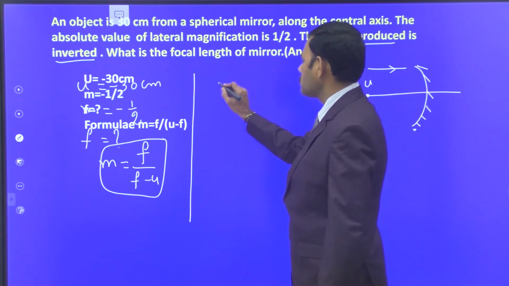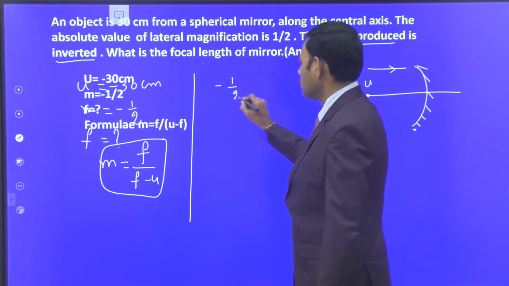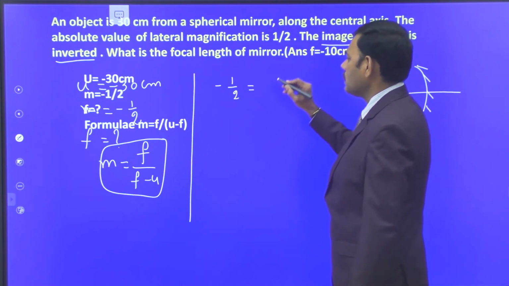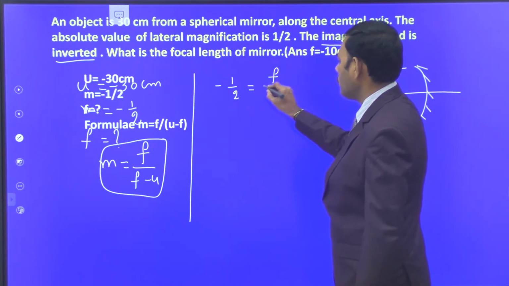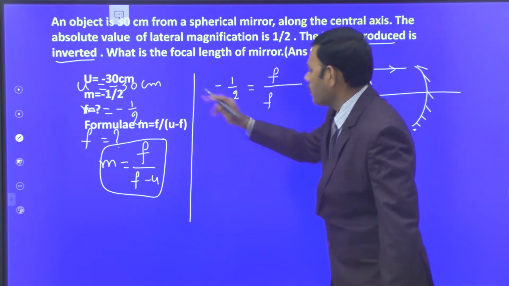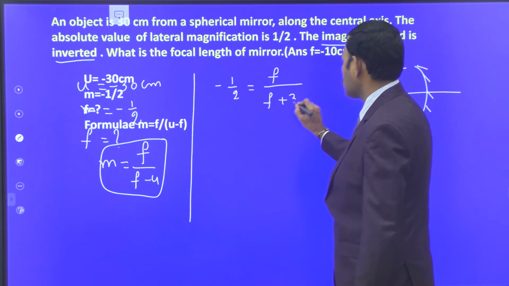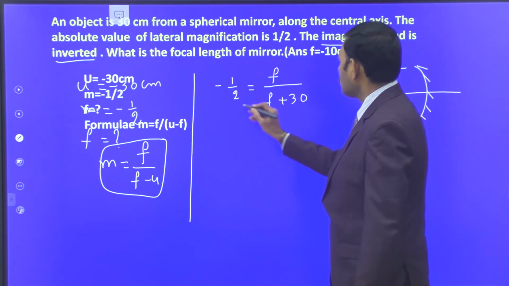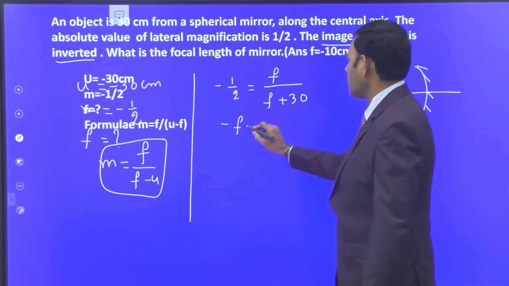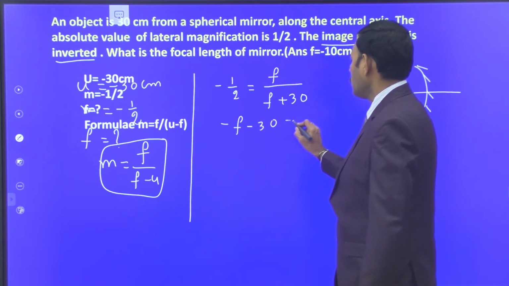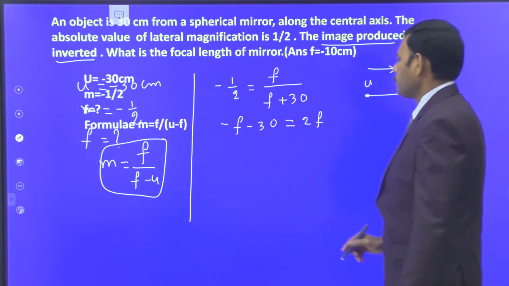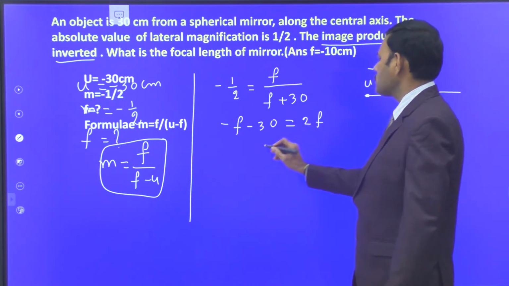So given that m is equal to minus 1/2, and the focal length is the unknown value, let it be f. Minus u is minus of minus 30, minus of minus is plus, so f plus 30. On cross multiplying, we get minus 1 into f minus f, minus 1 into 30 minus 30 is equal to 2f. So shifting the minus f to the RHS, it becomes plus f.